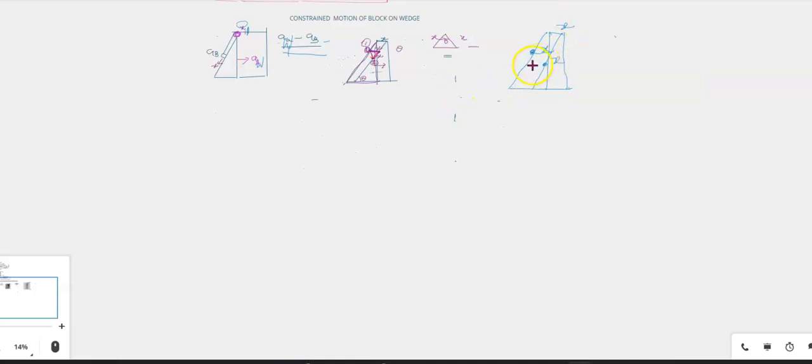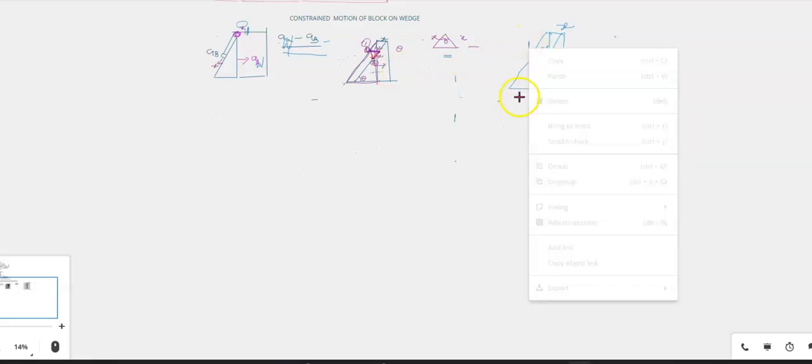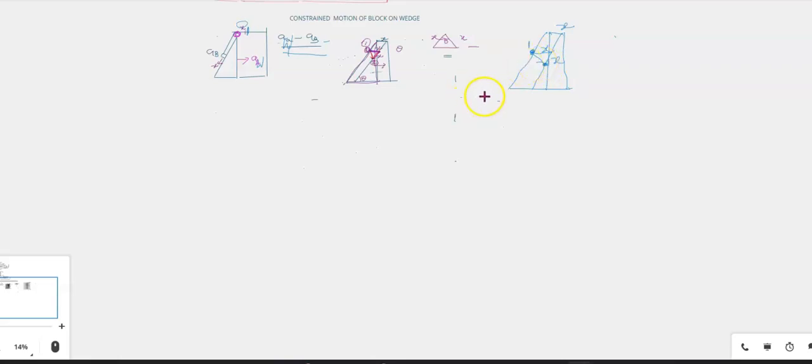So that means if the position of the block was here, with respect to the earth, it would have come to this place. This is the movement that has happened. With respect to the wedge, it has moved like this, but with respect to the ground, it has moved this and this. So this is the displacement.